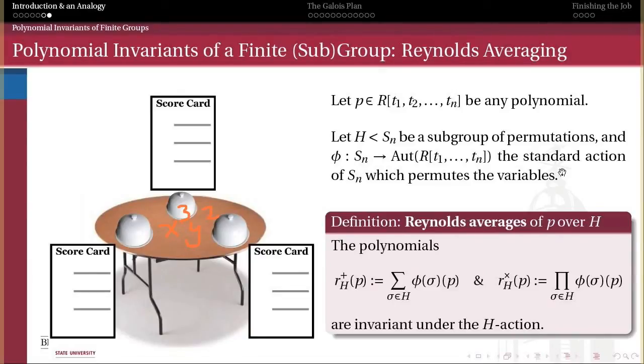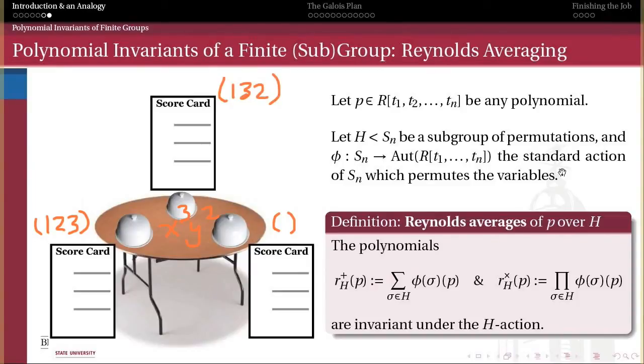I put that polynomial down on the table underneath these cloches and have all the chefs taste that dish. And then what we're going to do is, at each one of the spots on this table is going to be one of the elements of my group. So maybe there's the trivial element over here, the forward 3 cycle over here, the backward 3 cycle over here.